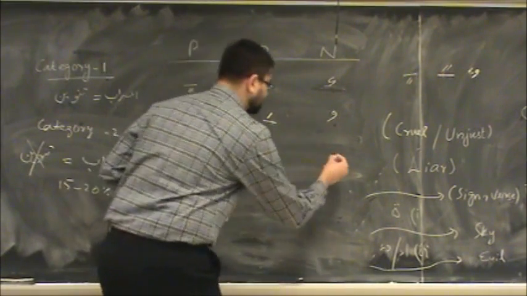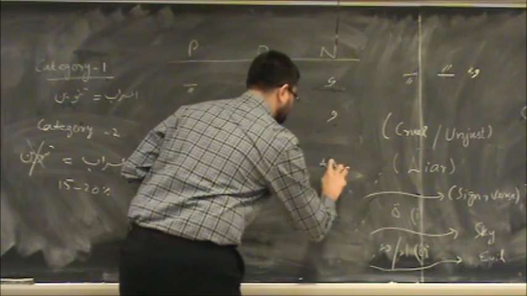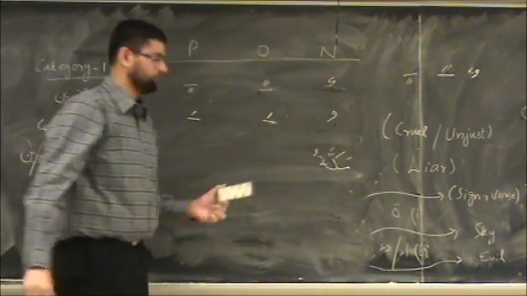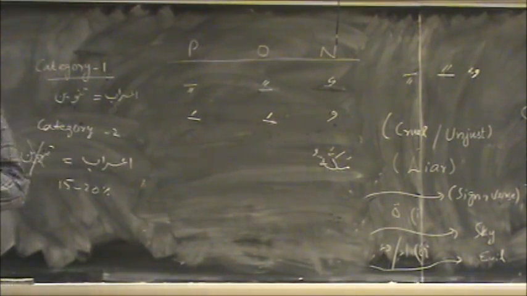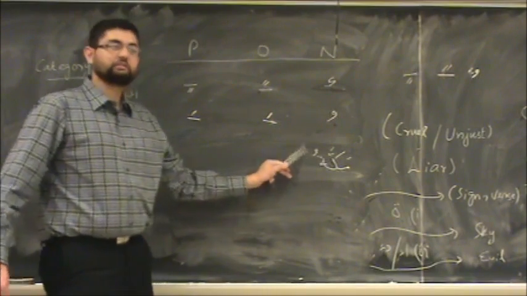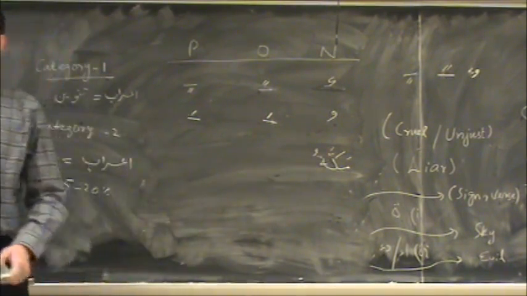Alright, so examples. For example, Makkatu. Makkah is the name of the city. This is Makkatu. Okay, and this is from this category. How do we know? Because there is no tanween. It is not Makkatun.